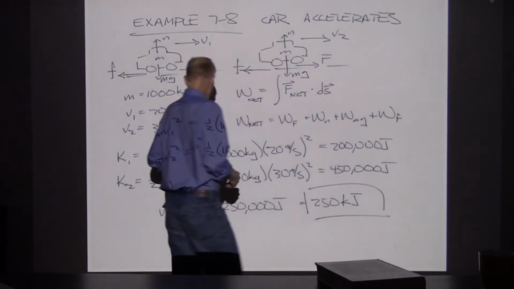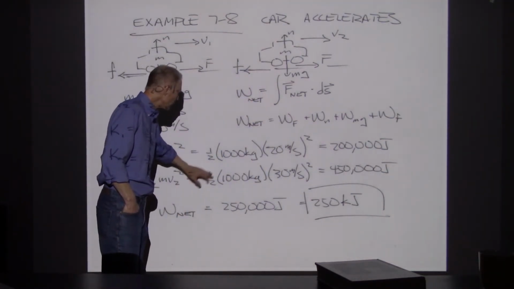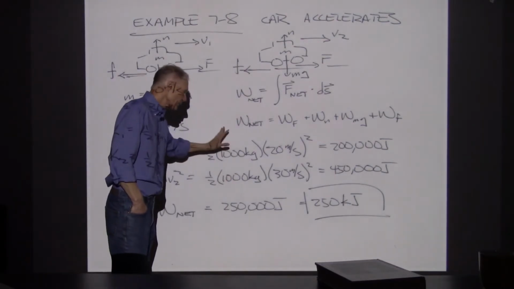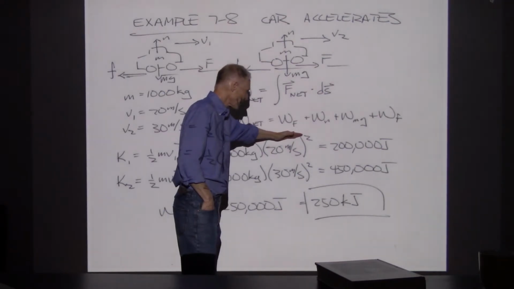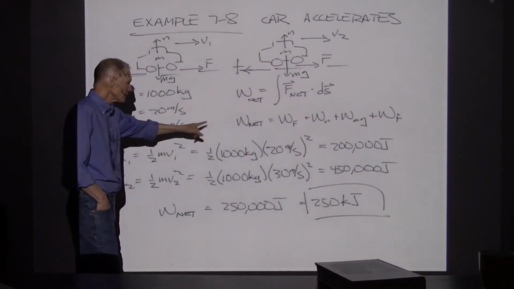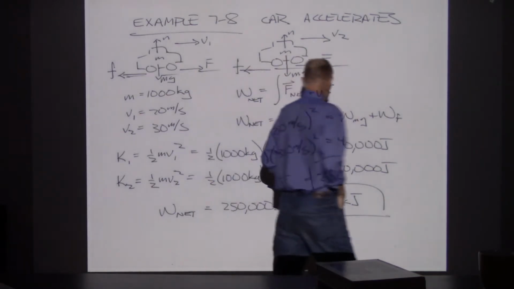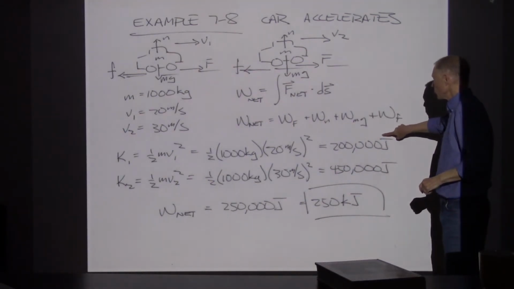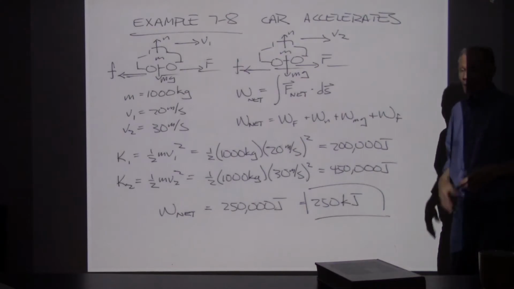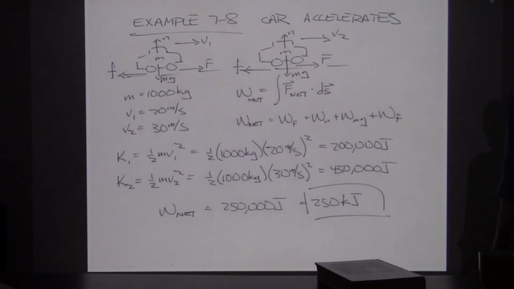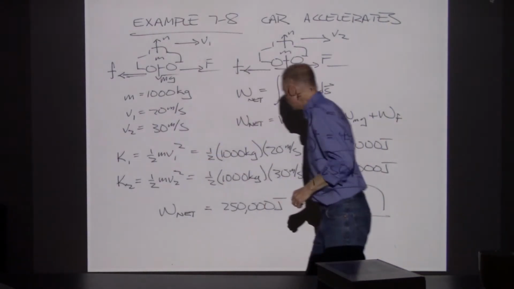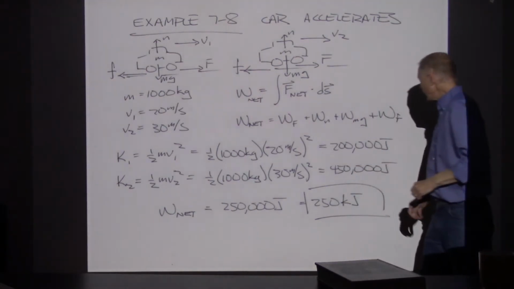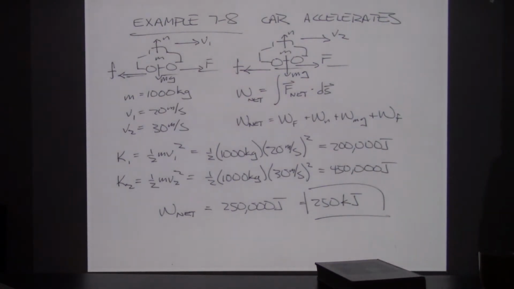With a factor of 1/2 out front, the car's mass of 1,000 kilograms, and 20 meters per second squared, I got 200,000 joules. So the car starts out with 200 kilojoules of energy, and at the higher speed it's going to have 450,000 joules of kinetic energy.